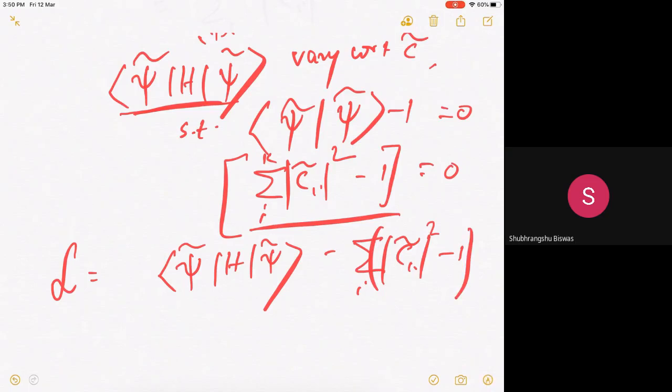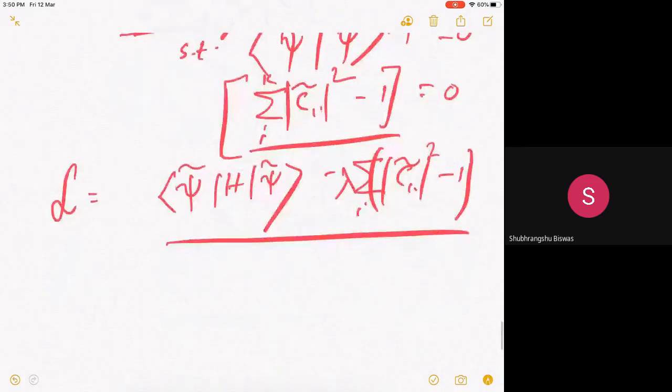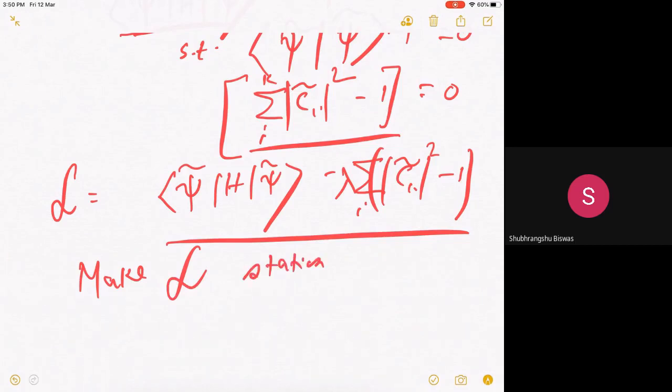There's only one condition. So you have to multiply that by lambda and basically make this stationary with respect to c tildes, all the c tildes.